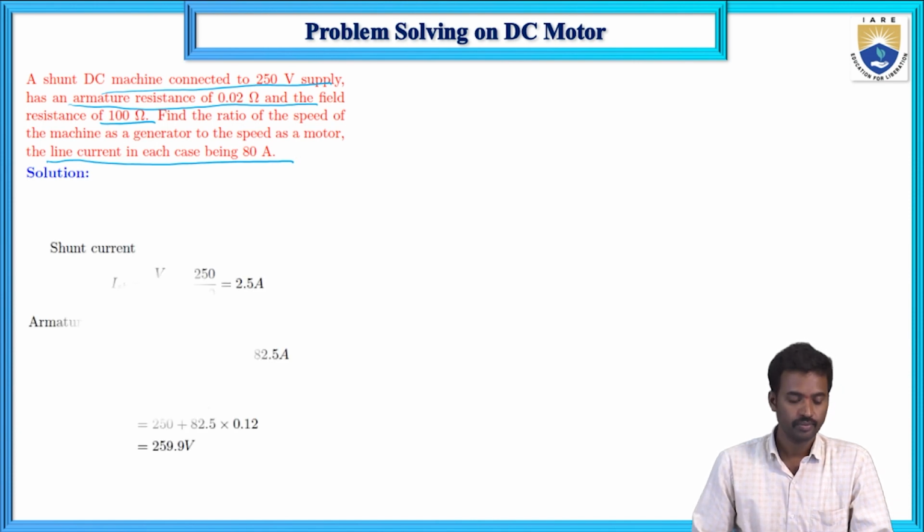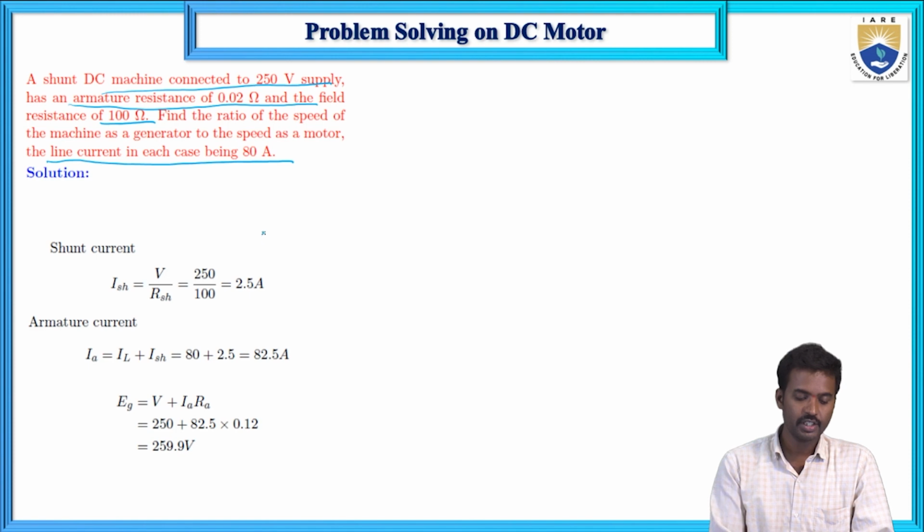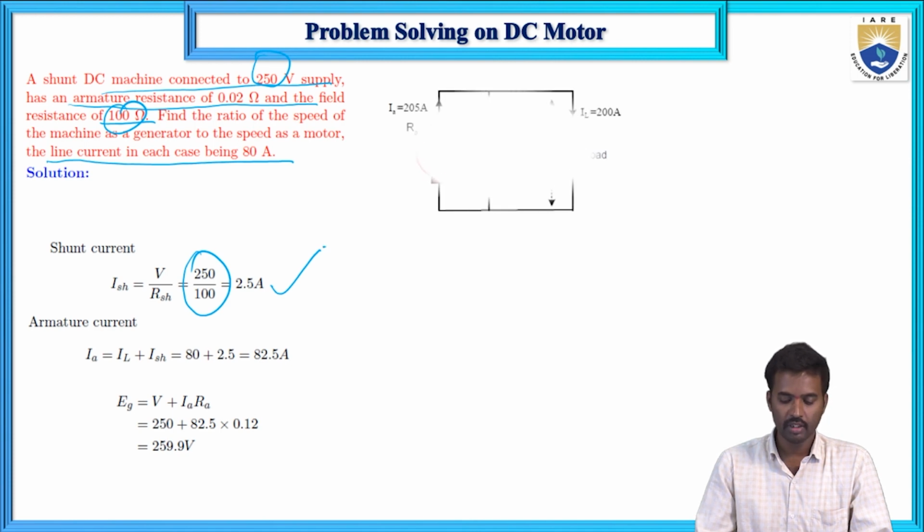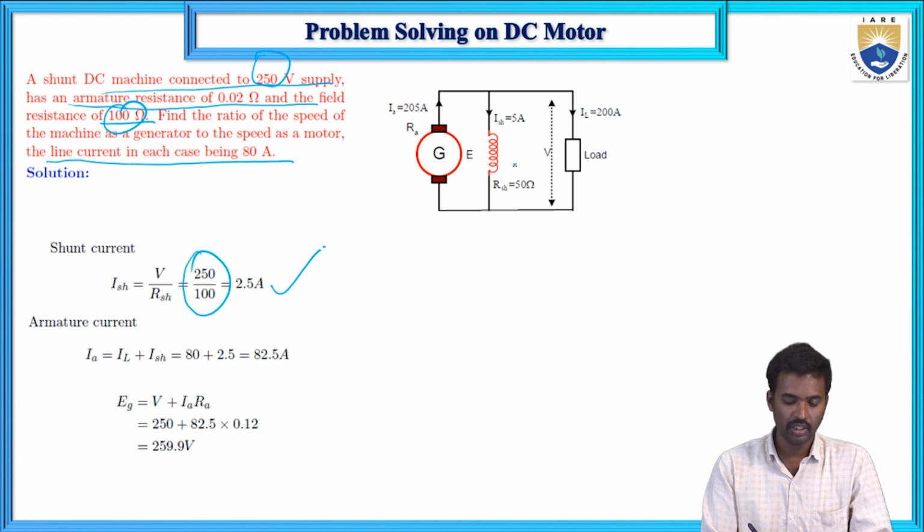So here ISH equals 250 by 100, the shunt field winding resistance, that equals 2.5.